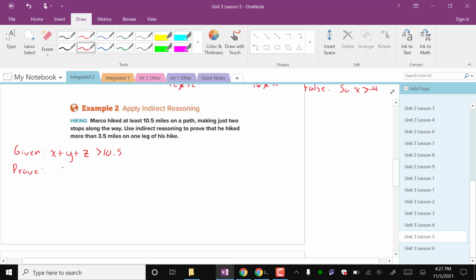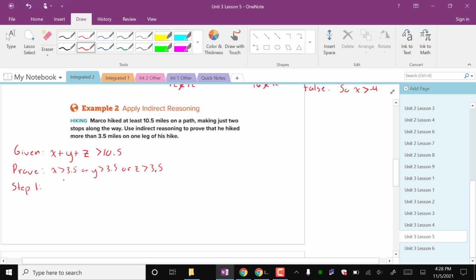We want to prove that x is greater than 3.5 or y is greater than 3.5 or z is greater than 3.5. Basically, on one part of this trip, he went more than 3.5. So again, step 1 is make the assumption.